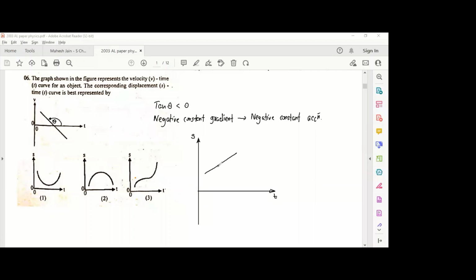In a displacement-time graph, the gradient will give us the velocity, right? So what you can see here is that it starts with a positive velocity and reduces to zero, and negative velocity increases afterwards.